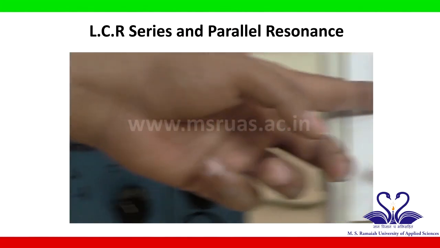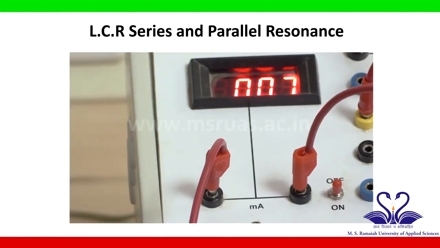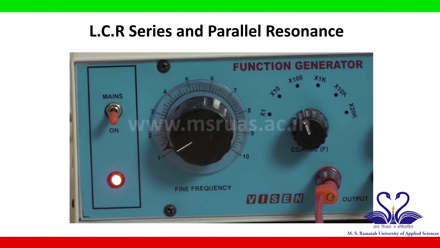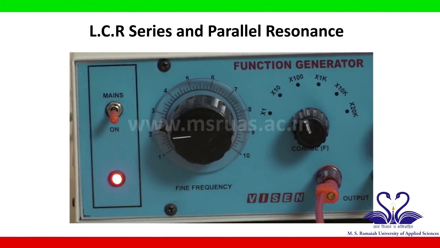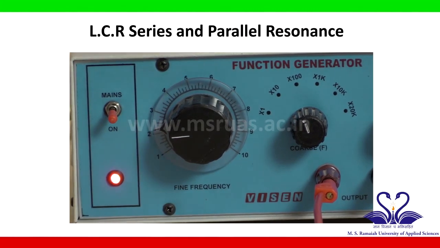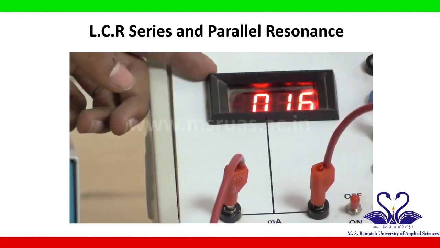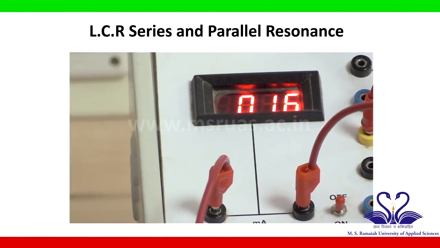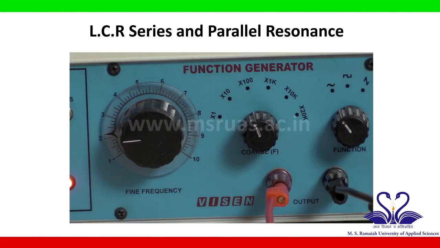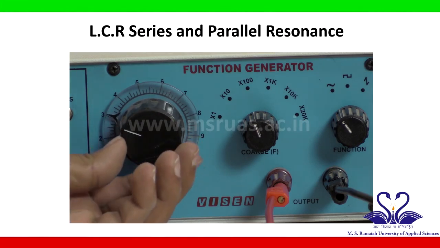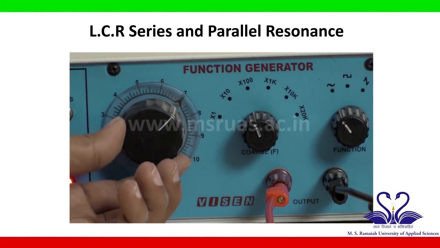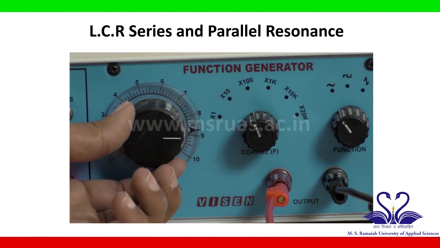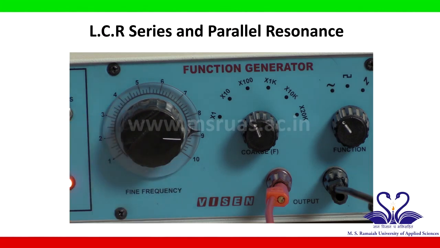The corresponding milliammeter reading is noted down. Now turn the fine knob to 2 position, that is 200 Hertz. For that, the corresponding milliammeter reading is noted down. Similarly, current readings are noted down for 300, 400, 500, 600, 700, 800 and 900 Hertz.